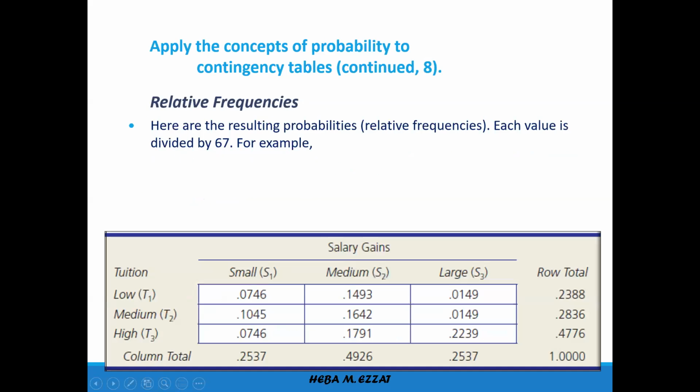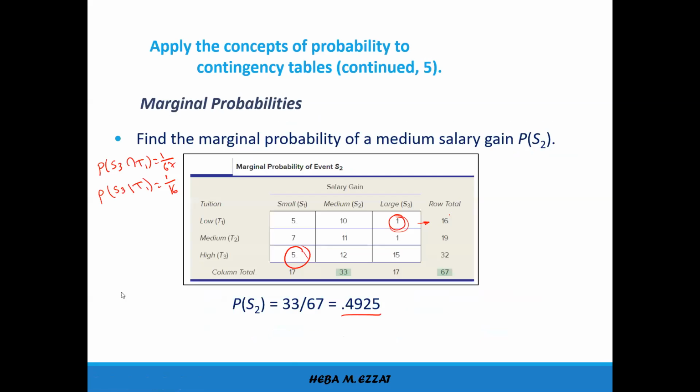So you will divide by the total of the rows or the columns according to the conditional probability and its requirements.